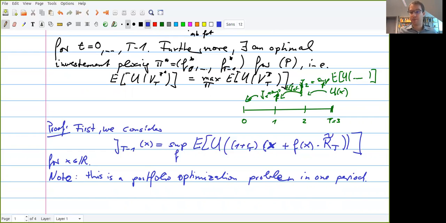This is what we have solved on Tuesday. So there exists an optimal f star, and since we are at time T-1, we label this f star with T-1 for bookkeeping reasons. If you want to look it up, this is what we have seen in Proposition 6.13.